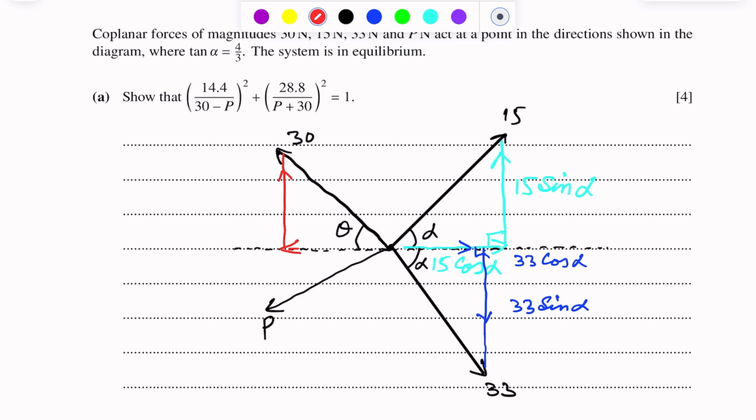This component will be opposite to theta, so this will be in sine. So this is 30 sin theta, and this component will be in cos theta, so this is 30 cos theta.